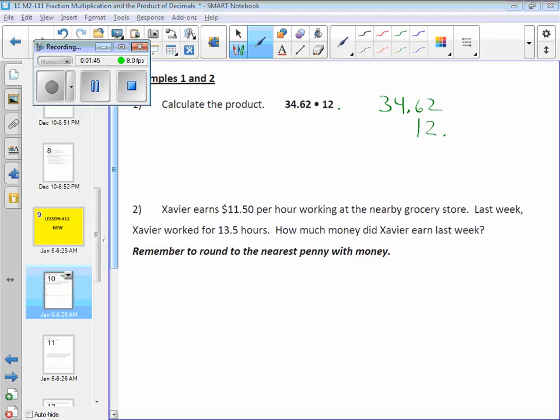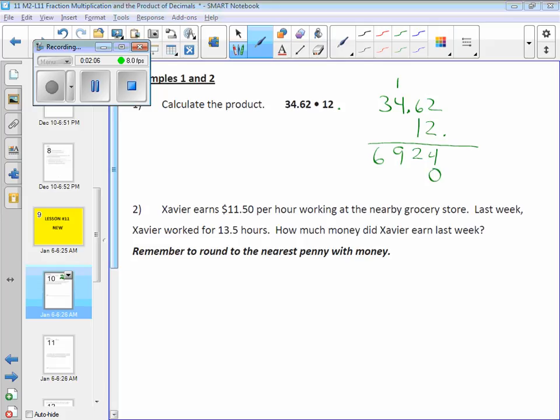Okay, then just take it and multiply carefully. 2 times 2. 2 times 6. 2, carry a 1. 2 times 4 plus 1. 2 times 3.